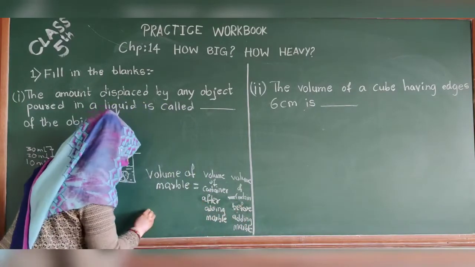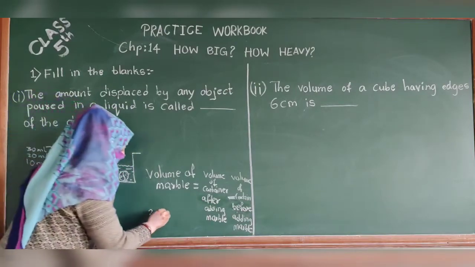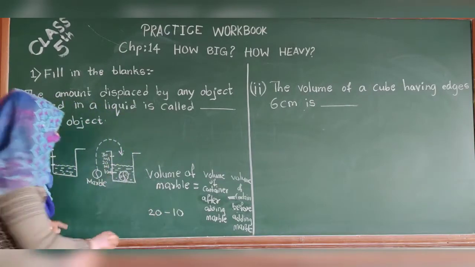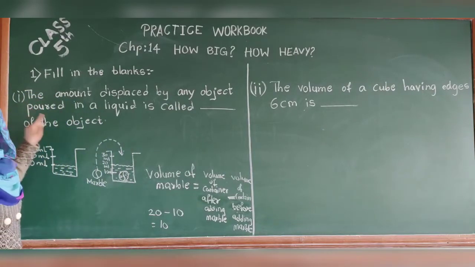The greater number comes first, so the after-adding volume comes first: 20 ml minus before adding, that is 10 ml. 20 ml minus 10 ml will give you 10 ml.